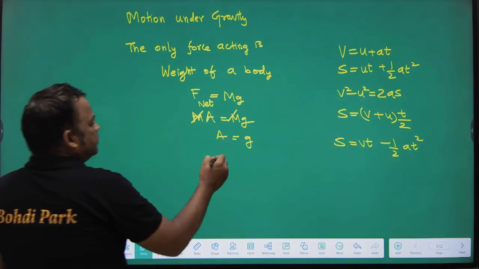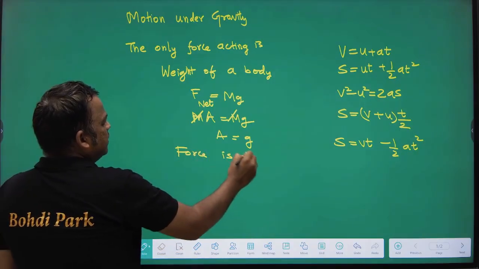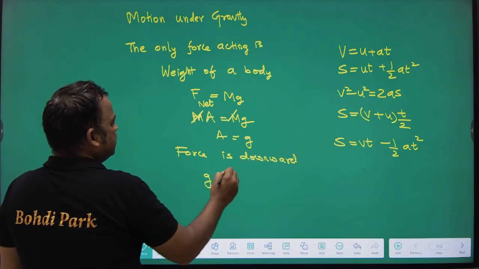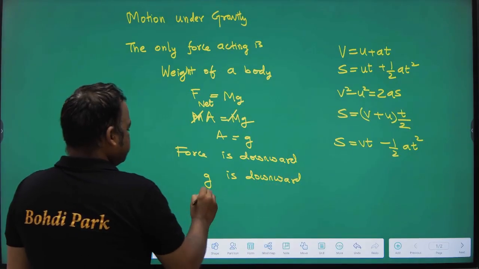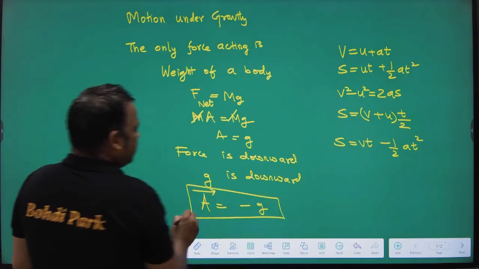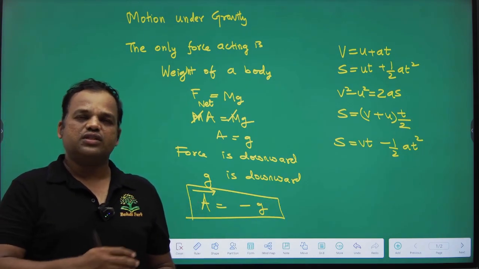Direction is downward because force is downward, so g is downward. So acceleration is basically minus g when we consider the vector form of acceleration. Minus sign shows it is downward.